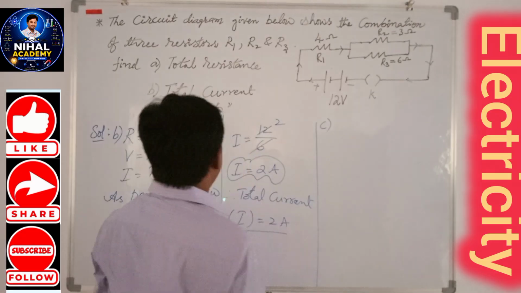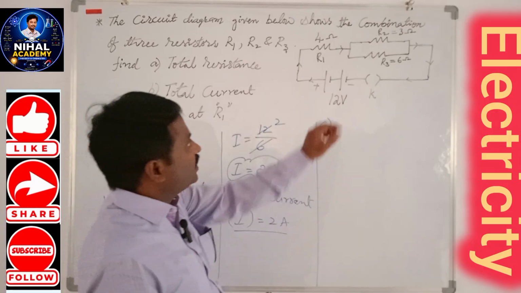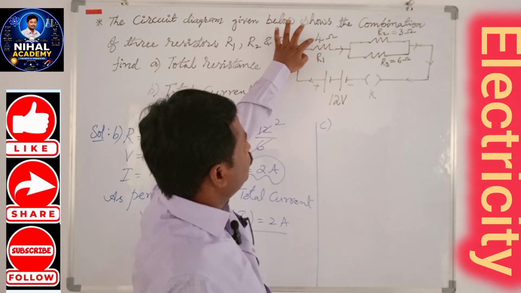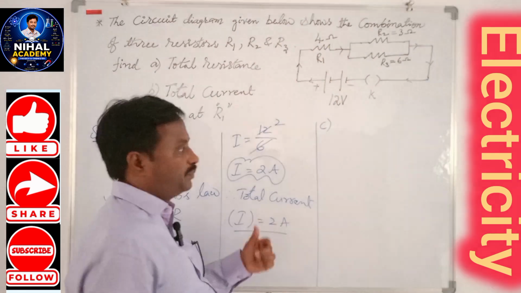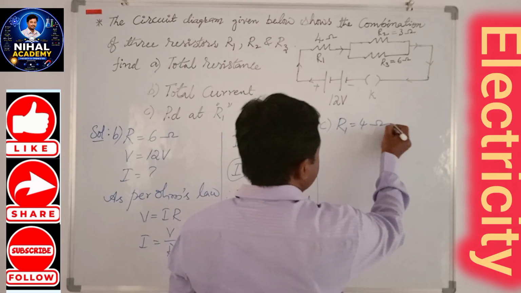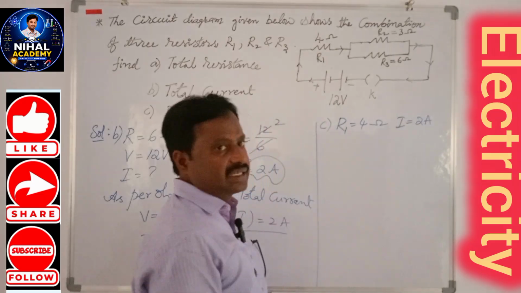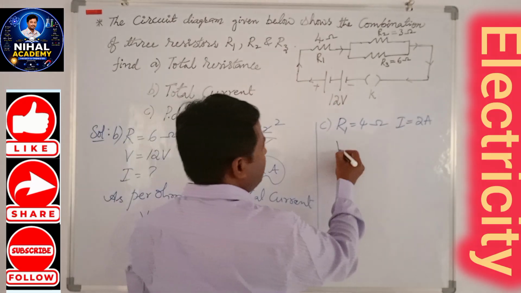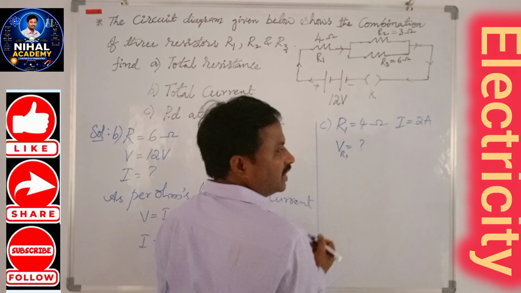See question number C, potential difference at R1. We have to calculate potential difference at this R1. So R1 value is 4 and the current passing through this circuit is total current 2 amperes. So we know that R1 is equal to 4 ohms and the total current I is equal to 2 amperes. Same amount of current passes through R1. Then V at R1 is equal to question mark.